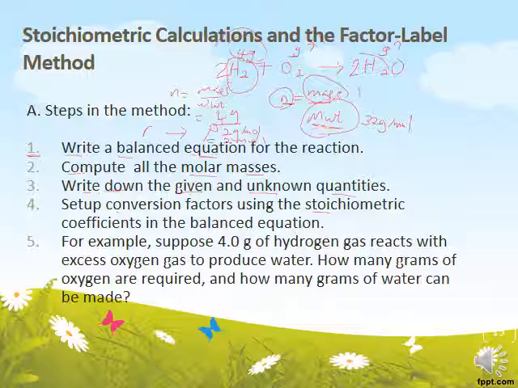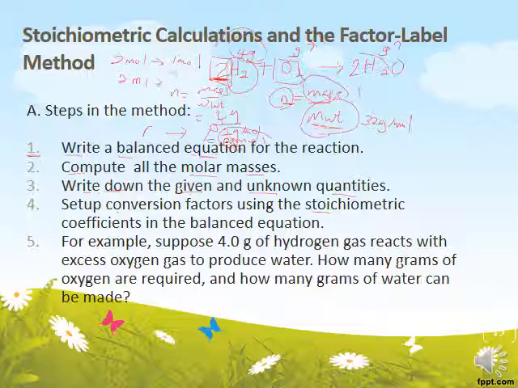Now look at the stoichiometric coefficients. So this is the stoichiometric relationship: 2 mole of hydrogen reacts with 1 mole of oxygen. Based on calculation, here is 2 mole, number of mole, 2 mole.